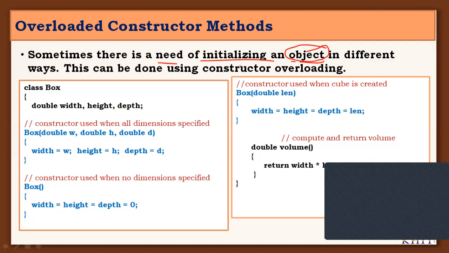But sometimes there is a need to initialize an object in different ways. We have already seen how the default constructor creates an object of the class, and in the same way, this can be done by using constructor overloading.